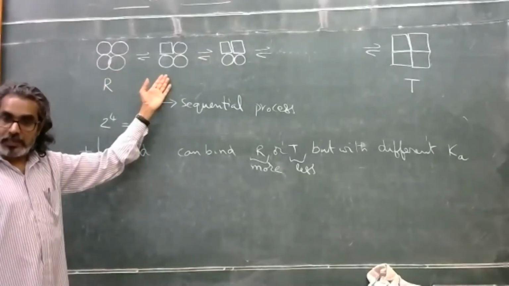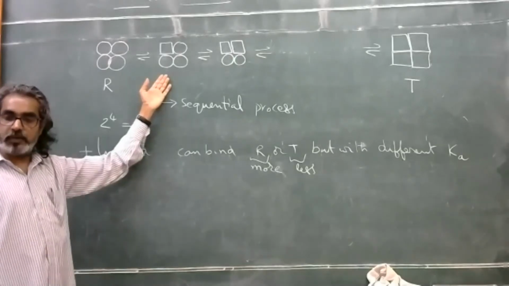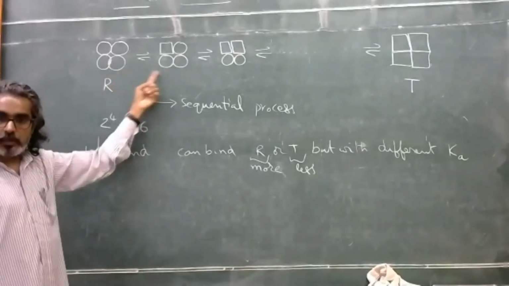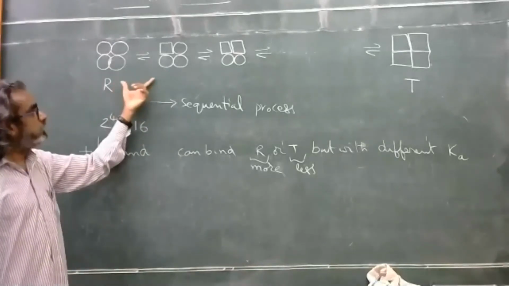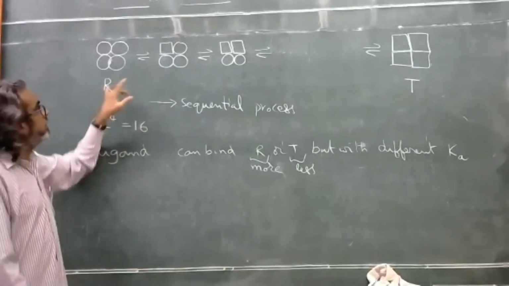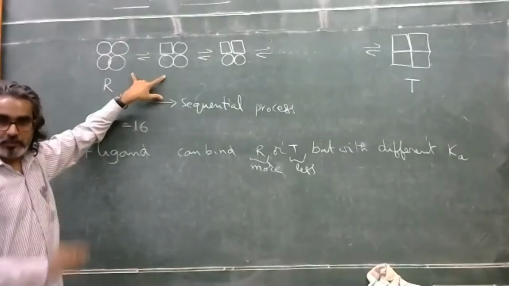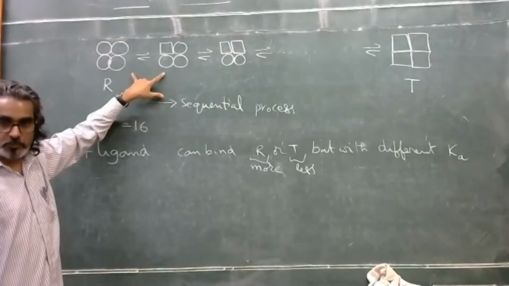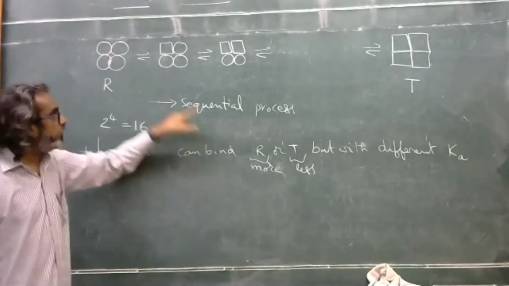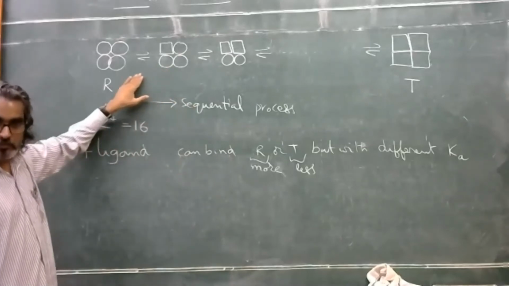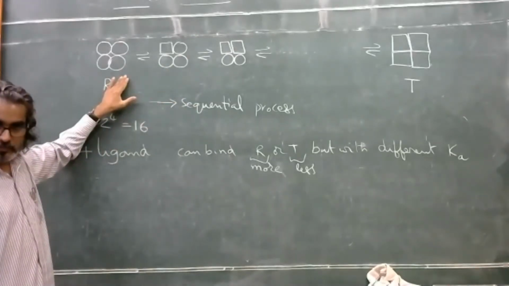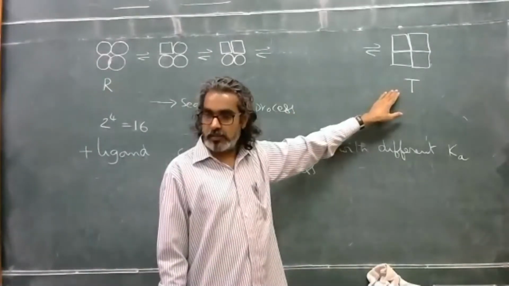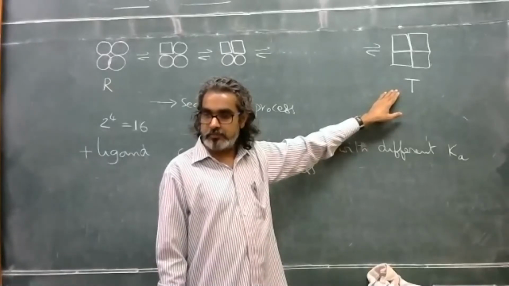But if you add ligand, because ligand specifically binds R, the equilibrium is shifted towards R. In the absence of ligand, you have equal populations, but the moment you add ligand, it binds to both conformations. However, it prefers R more, so this shifts the equilibrium towards this. And imagine now you start with tensed state.